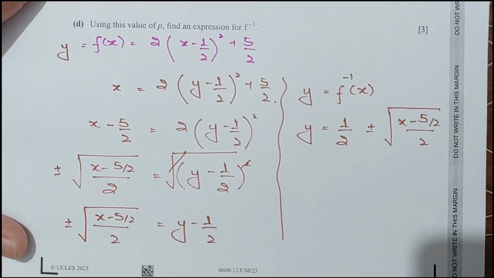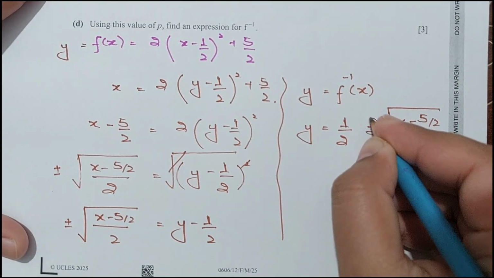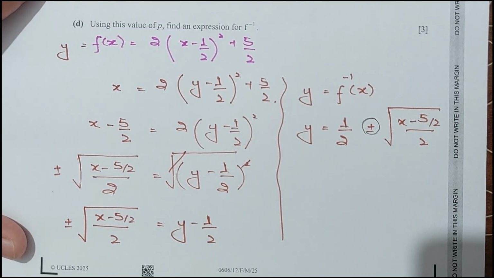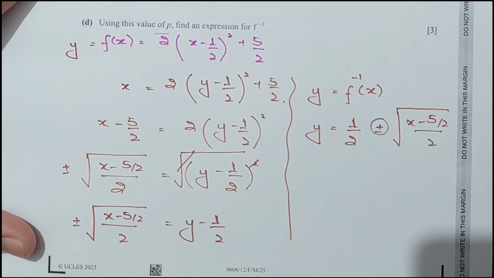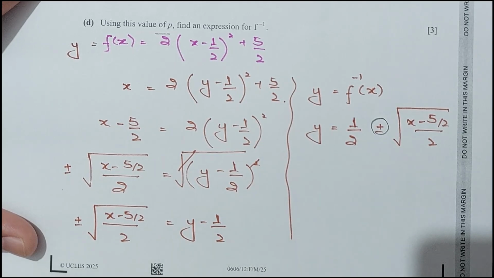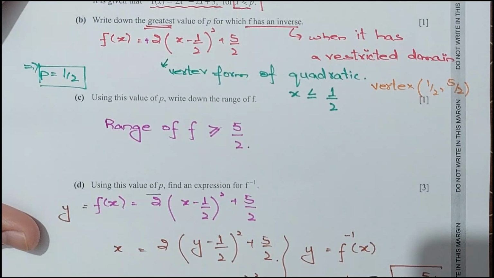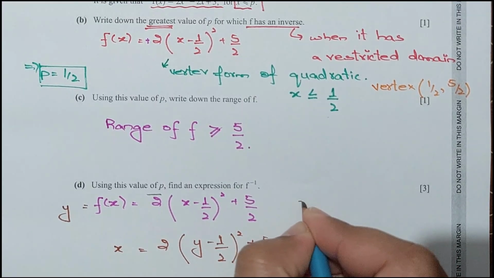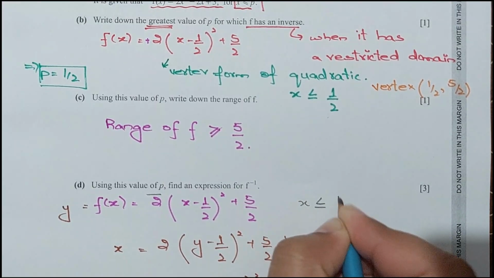Now we have to select which sign to take, positive or negative. It depends on the value of p, which is why they said it in the question. The decision of the positive or negative sign depends on the p value. Since the p value we have is 1/2, for f of x, x should be less than or equal to 1/2.